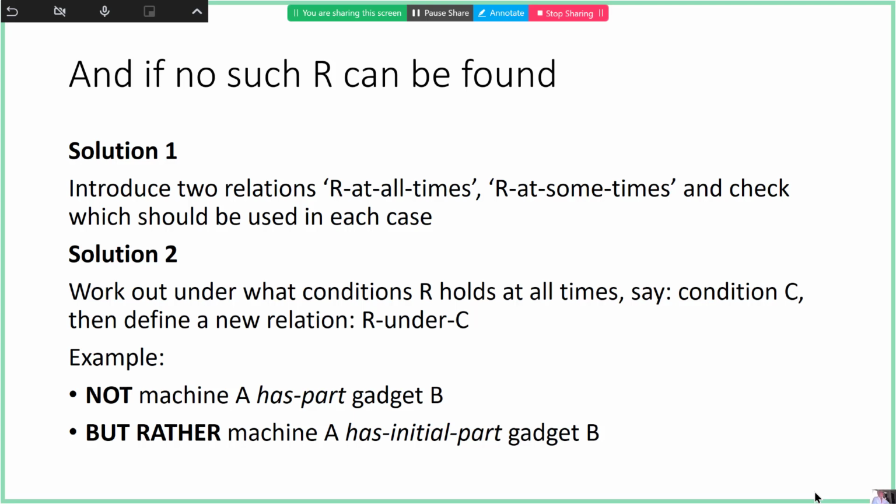Yeah. And so first of all, I think it's not only a problem for us. I'm assuming that the engineering companies that make the machines and the gadgets are going to provide the specifications of their machines and gadgets using OWL. And that's not a joke.